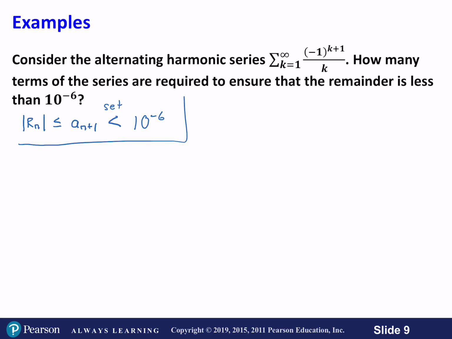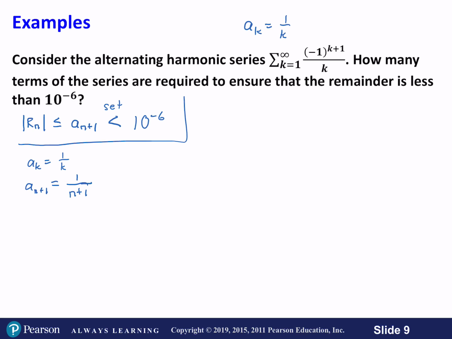All right, so that's the basic idea. So, question, what is Ak here? Well, Ak is just 1 over k. Remember, it's everything except that negative 1 to the k plus 1 term. So if Ak is equal to 1 over k, then An plus 1 is equal to 1 over n plus 1. We just replace that k with n plus 1.